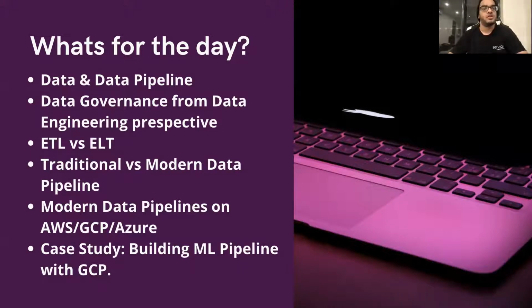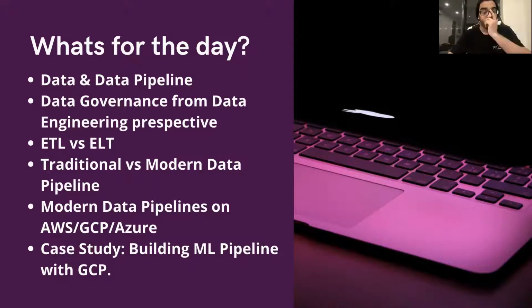It could be a data warehousing pipeline. It could be a machine learning pipeline where we focus mostly on MLOps and so on. And we'll then move into what's more focused towards the data governance point of view. But I'll be covering mostly from a data engineer's point of view: what matters to us and how we deal with those kinds of scenarios.